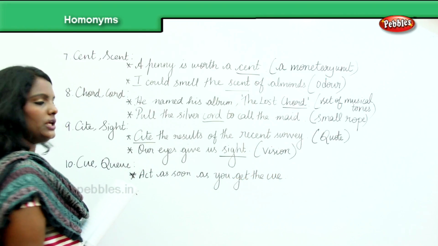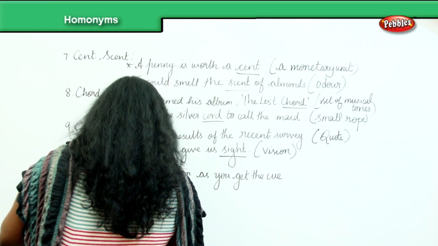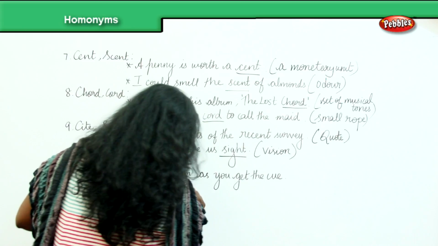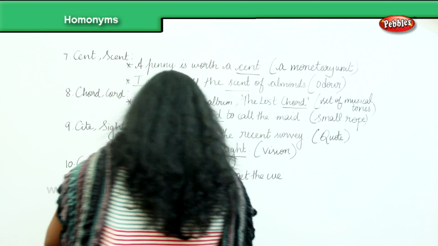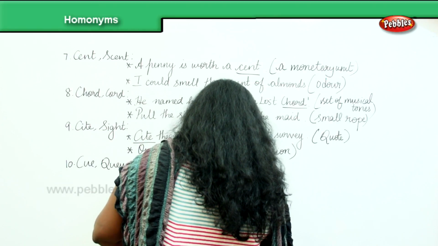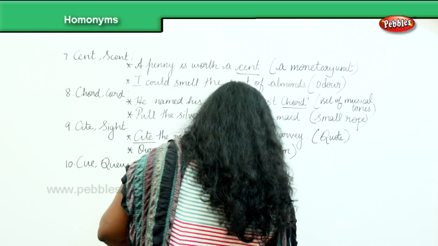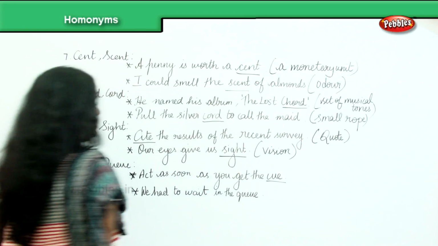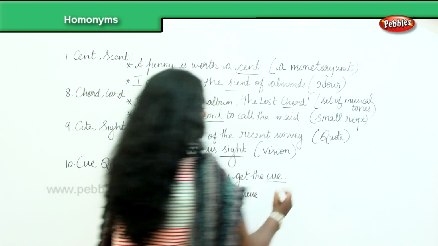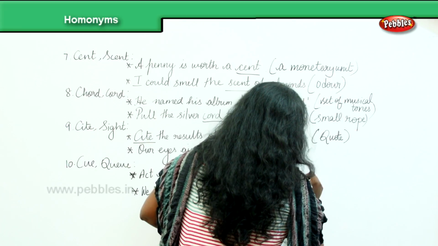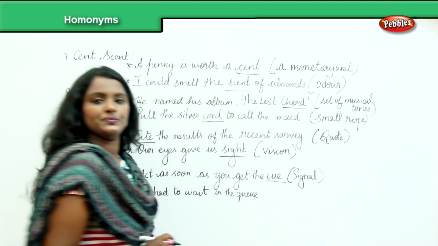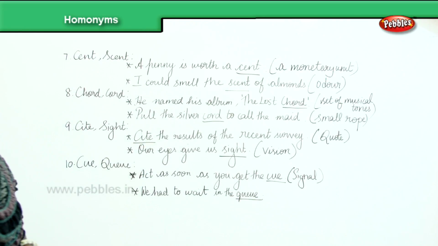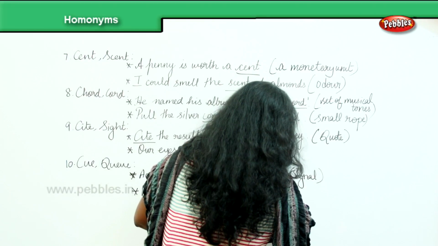And QUEUE means we had to wait in the queue. CUE, act as soon as you get the cue. This cue means a signal to begin something. Whereas QUEUE, we had to wait in the queue, means a line, a long line.